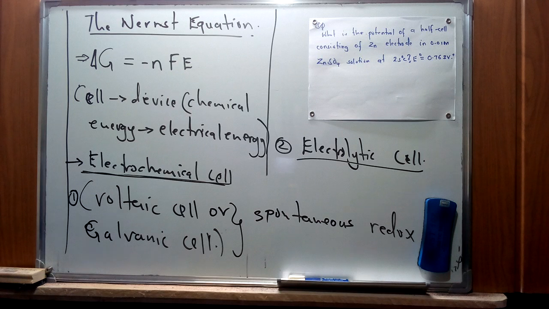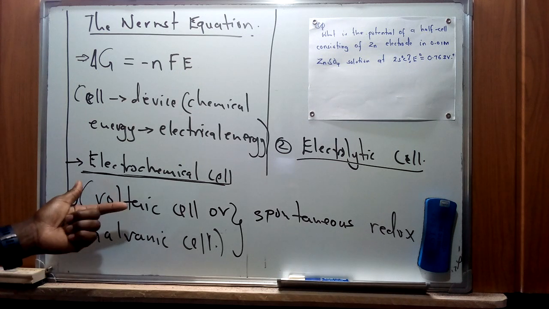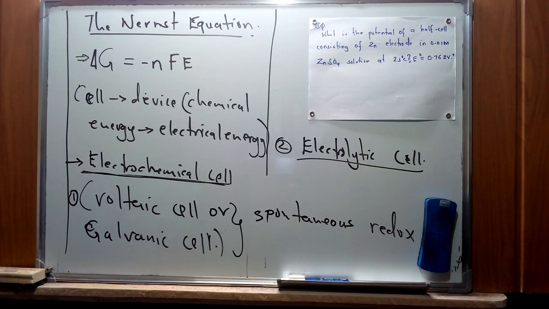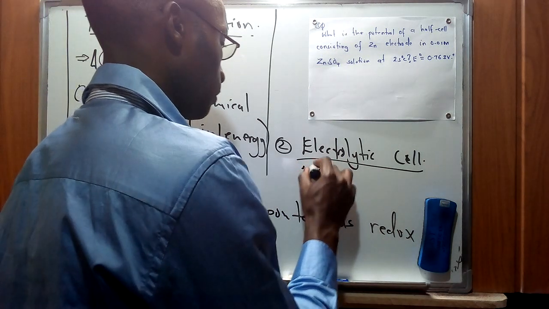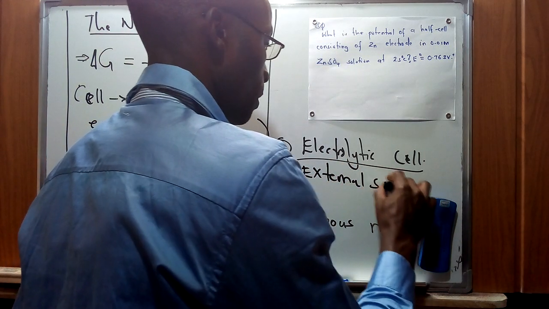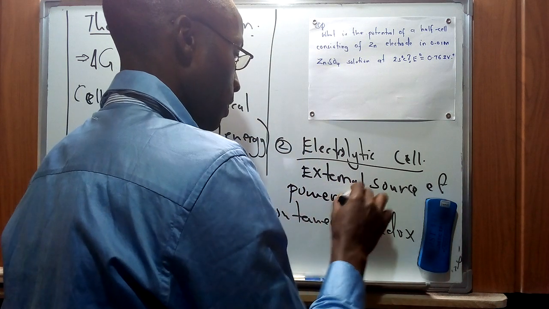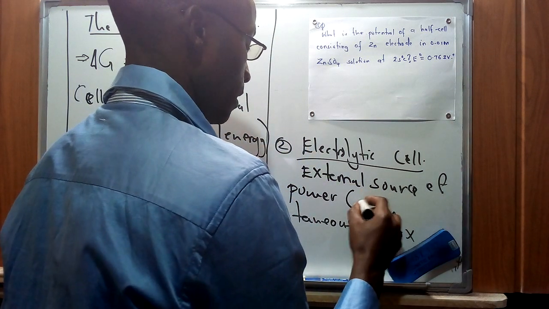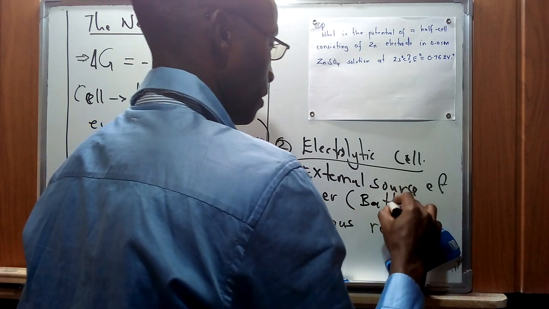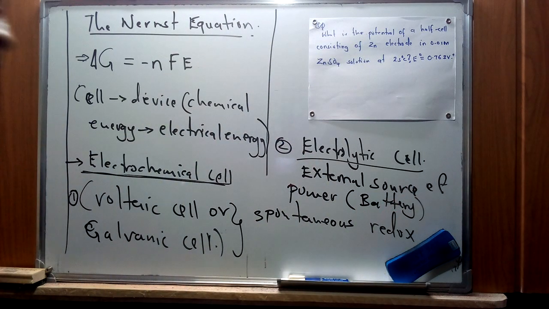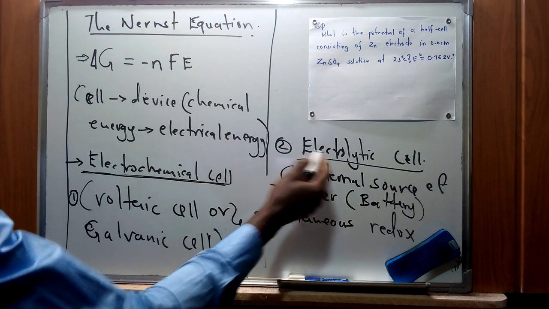When we talked about the concept of electrolysis, we said that electricity or an external source of power is used to initiate the process of electrolysis, which can consist of maybe a battery, etc. So this basically deals with the concept of electrolytic cells.